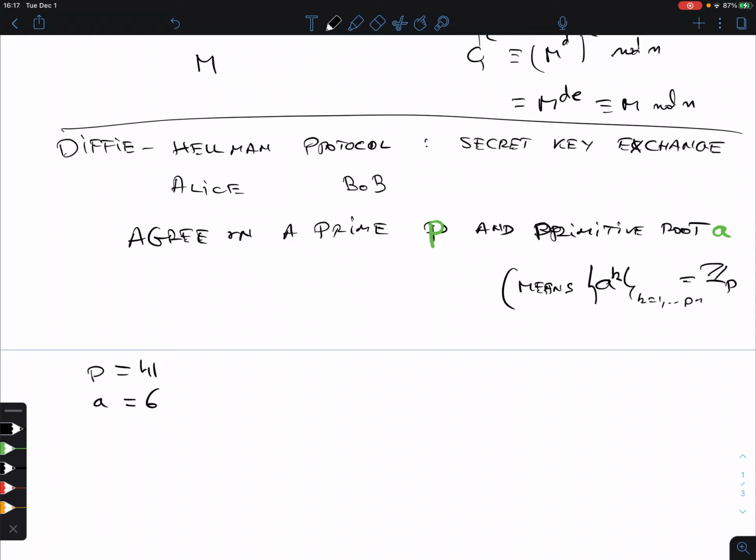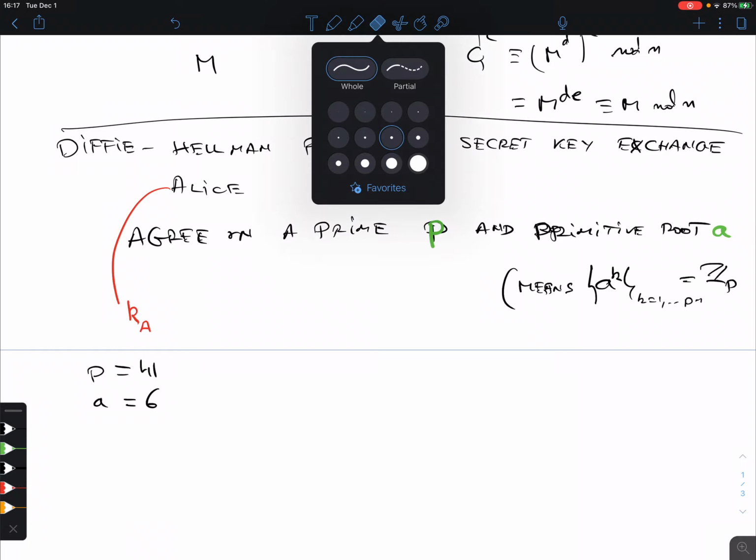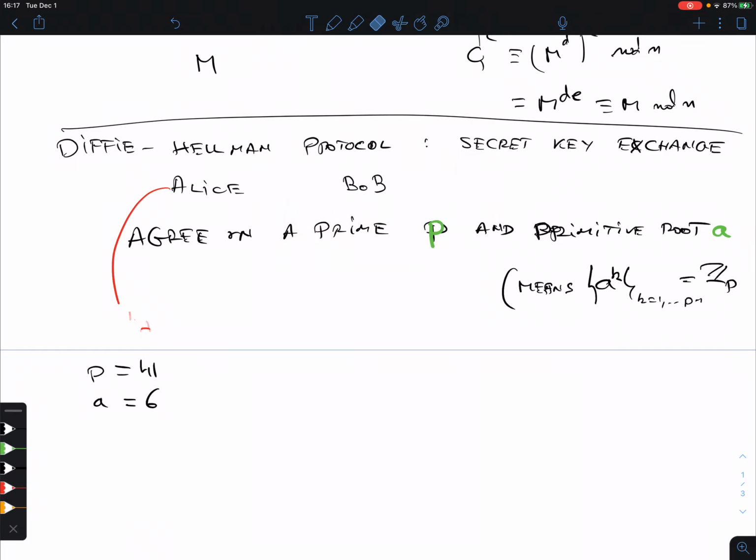So now each of them secretly chooses something. Alice is going to choose a secret exponent. I'll follow the book: Key Alice.